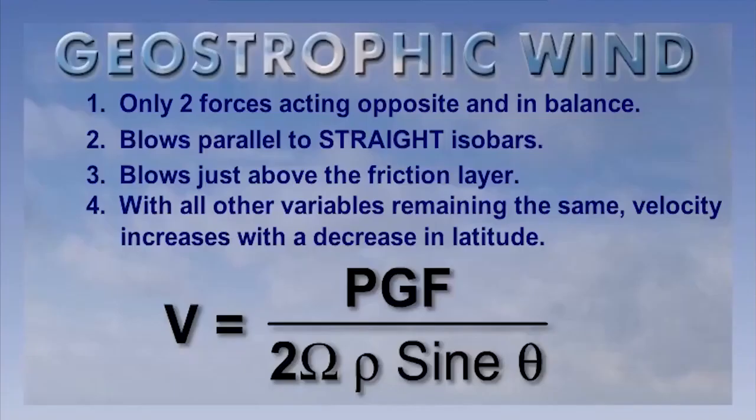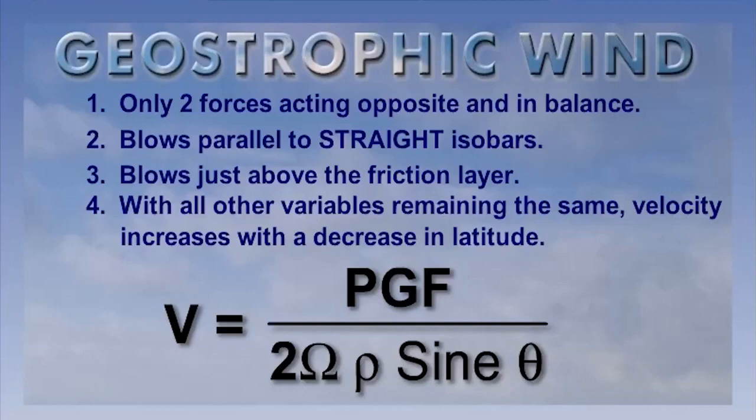The last point to make about the geostrophic wind is its relation to latitude. Looking at the velocity wind formula, we can see that a decrease in latitude, theta, causes the term sine theta to decrease, which increases the velocity of wind if all other factors remain constant.